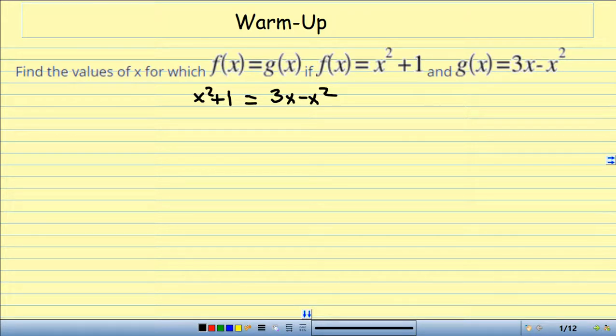And now I'm going to get everything on one side so I can solve. It's either going to be all this over on this side, or all this over on the other side. Either way, it's going to end up being the right answer. Personally, I like moving this over here.